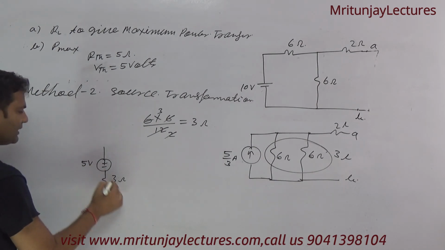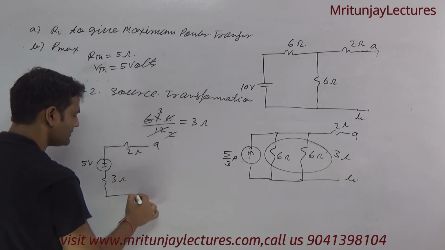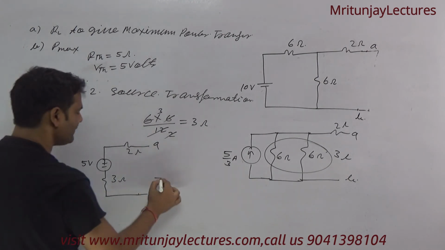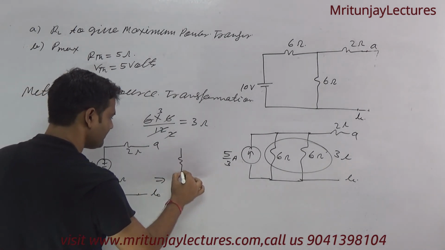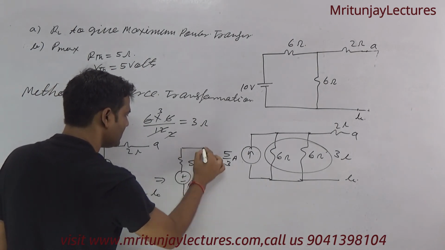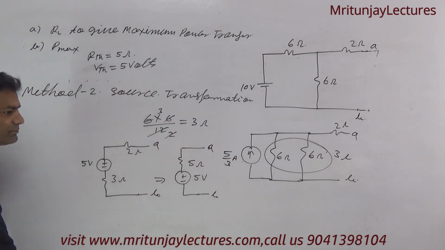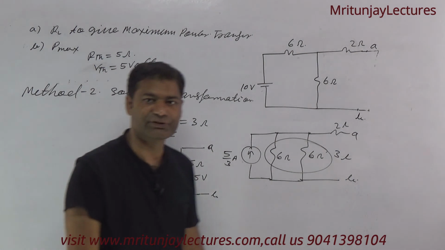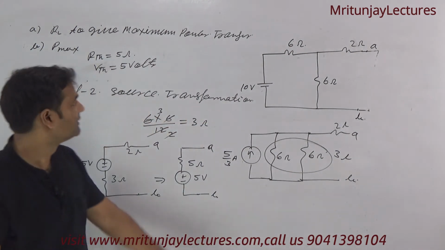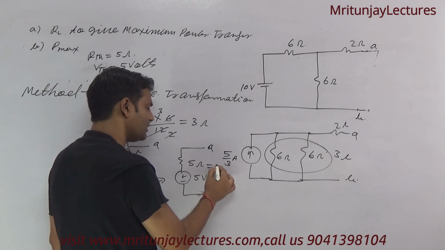This one is 5 volt and 3 ohm, and this is 2 ohm, and that is A and that is B. After that, that is 5 ohm and plus minus 5 volt. Same result, we got the same result in both procedures, the conventional method and this one. This one is called VTH and that is called RTH.